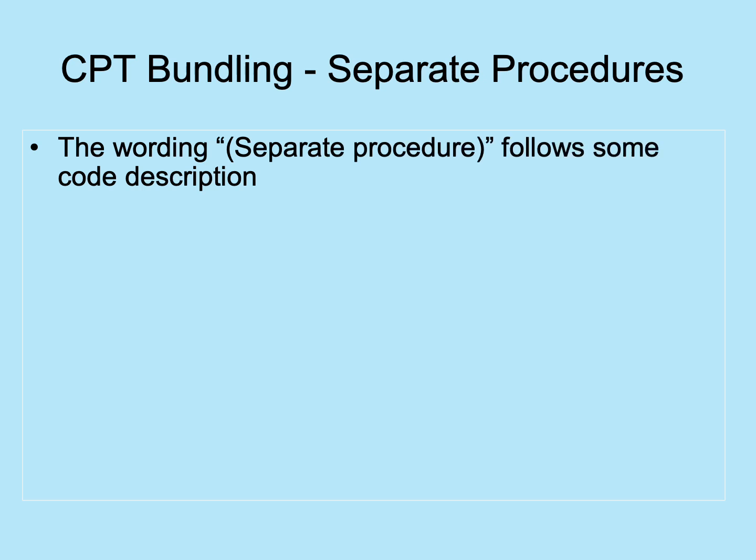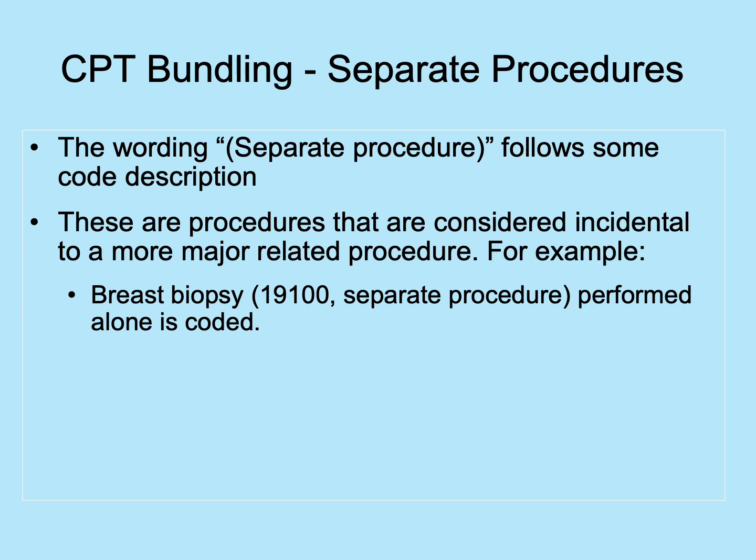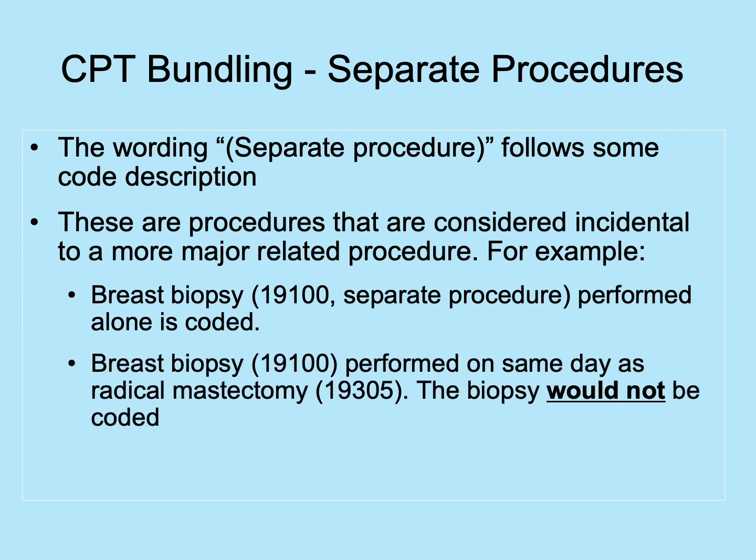Now sometimes, as you probably know, after a code, there'll be the wording parentheses separate procedure after the code description. This means they're incidental to the more major related procedure. For example, a breast biopsy 19100, separate procedure, performed alone, go ahead and code it. On the other hand, if you do a breast biopsy 19100 on the same day, the same surgical session as a radical mastectomy 19305, you're not going to report the biopsy separately.